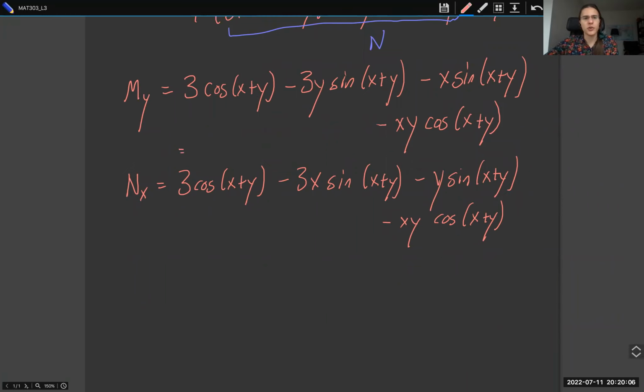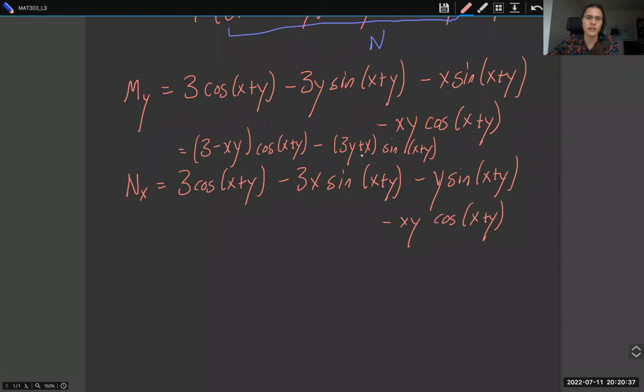This is also equal to (3 minus xy) cos(x plus y), and then for this, minus (3y plus x) sin(x plus y).